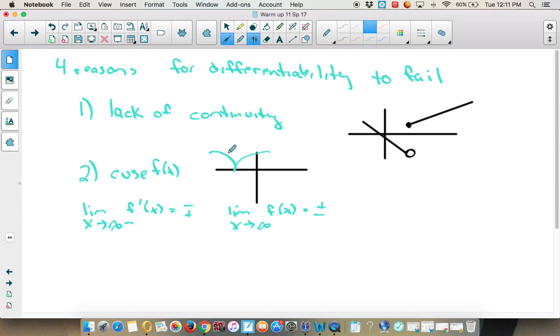Here I was approaching negative infinity, here I was approaching positive infinity. So my slope was very, very, very negative, and then it became very, very, very positive.